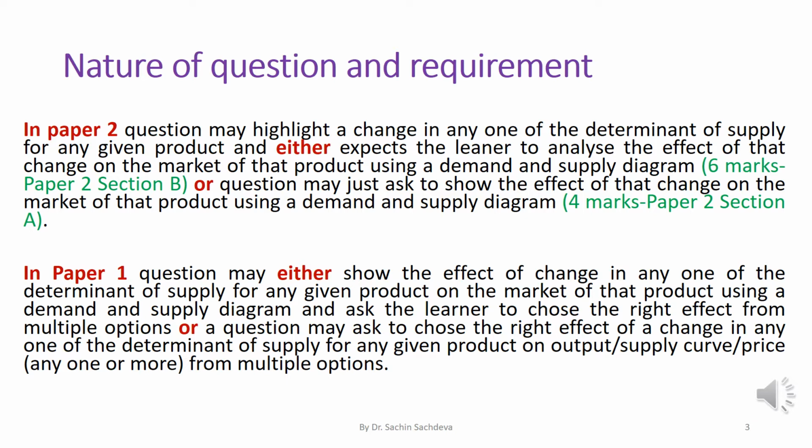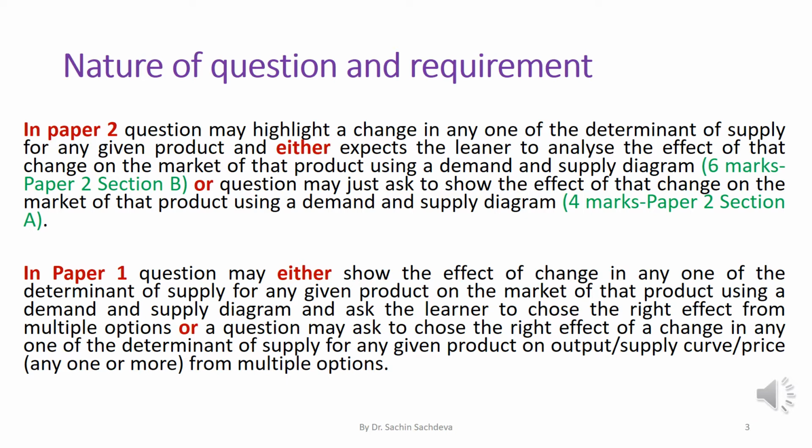Understand, I said you may be expected to analyze. So analysis skills, AO2, assessment objective 2, are tested under a 6-mark question, which covers even your knowledge and understanding also, meaning AO1, assessment objective 1.